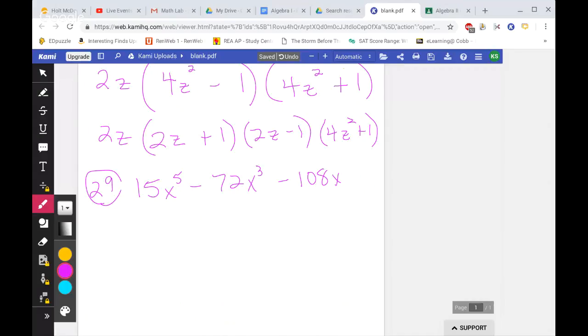I know 15 won't factor all of them, and I know 5 won't factor all of them. But I believe 3 will. Do you know the divisibility test for 3? Yeah. Okay. So I can take a 3 out, and it looks like I can take an x out of each one.